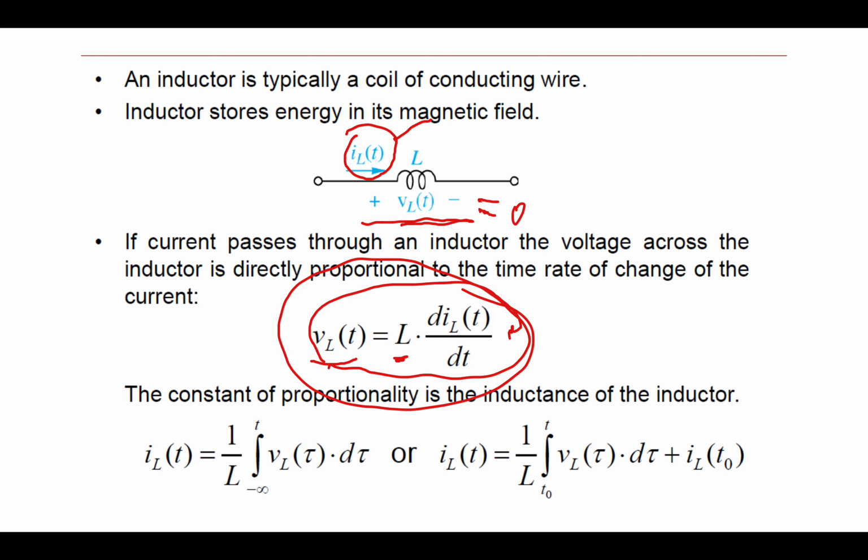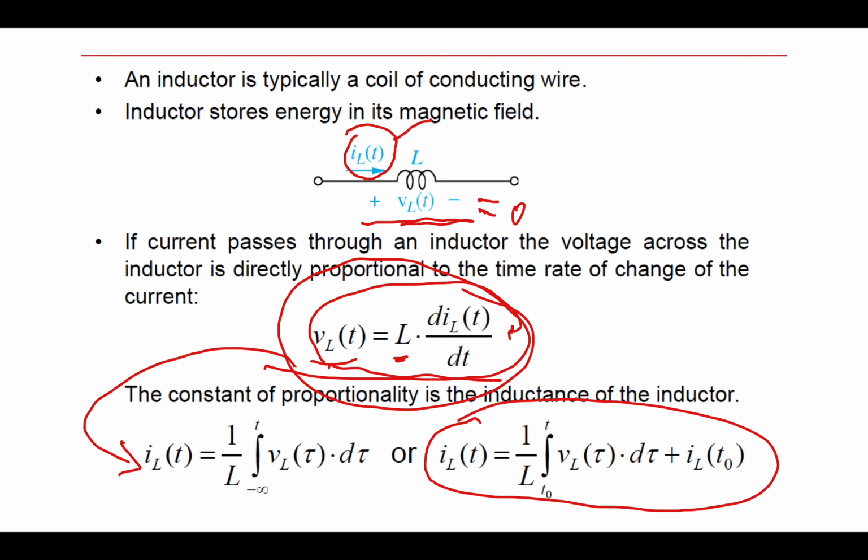And if the current increases, the voltage VL will be a positive value. And if the current IL decreases, the voltage will be a negative value. And we can do the integration on both sides of this equation and obtain the equation for IL. So that is the integration to calculate IL.